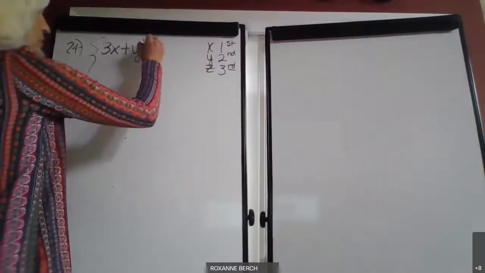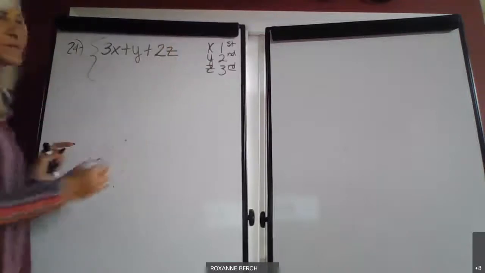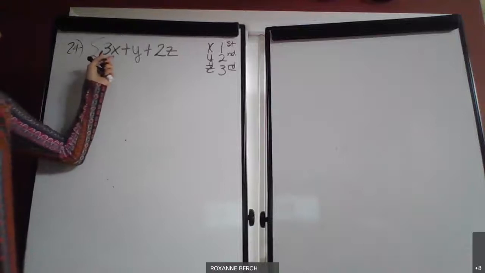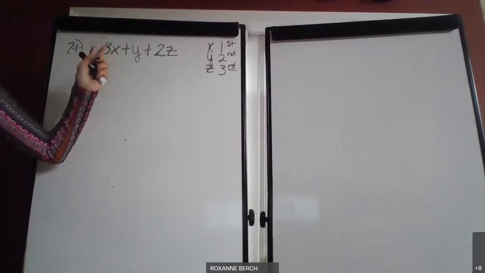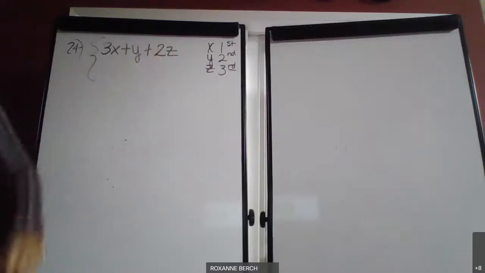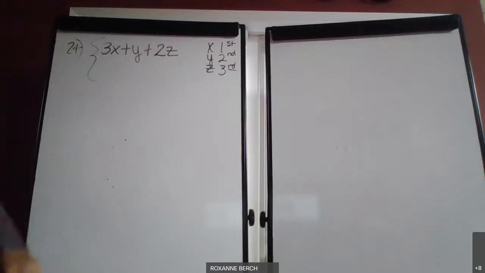Now, twice the third number means multiply, so that would be 2z. So this represents 3 times the first number plus the second number plus twice the third number. Okay, let's continue on. And that equals 5.